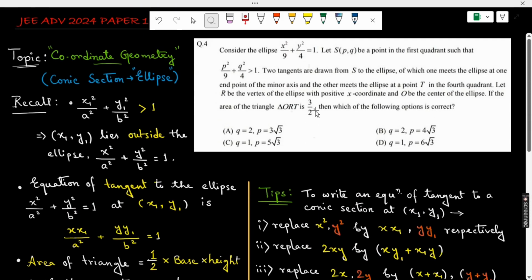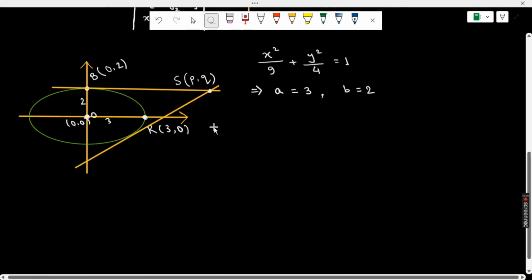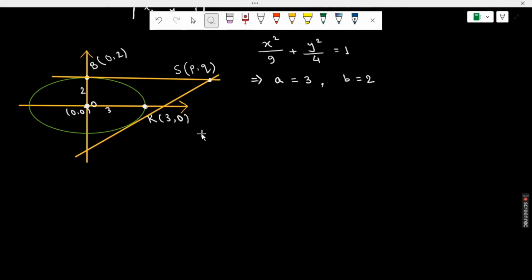Okay, so we have drawn the two tangents, one at the end point of the minor axis and the other meets the ellipse at the point T. So let's name this point as T, and it is in the fourth quadrant. So let the coordinates be alpha comma beta, and it is clear that alpha will be positive and beta will be negative.